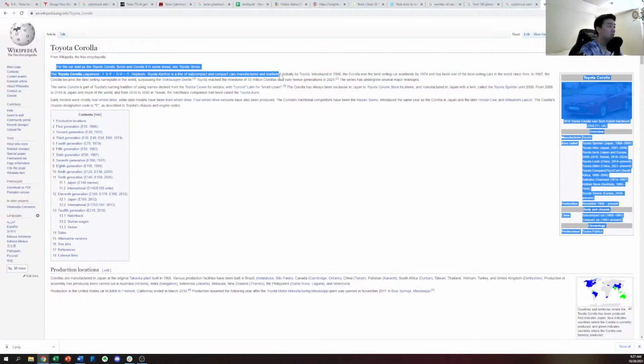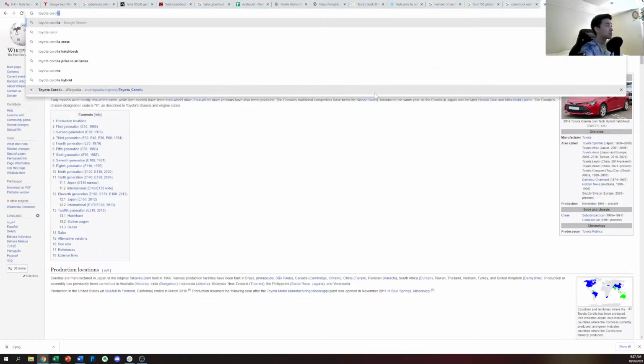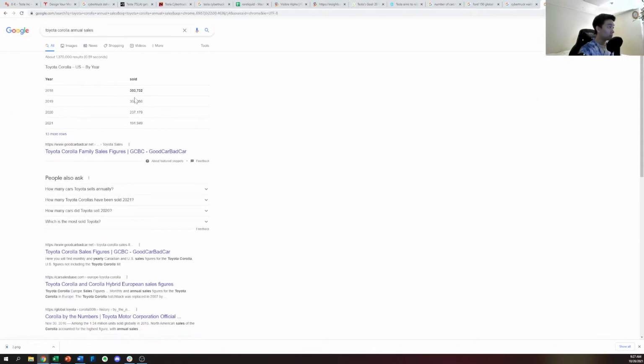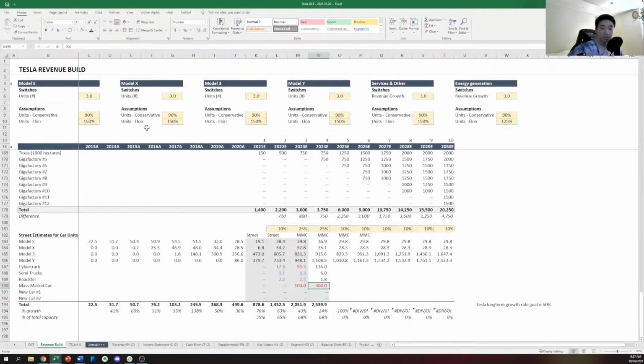That is something I was thinking about. The Toyota will be the next one. Oh, just put the US globally. All right, so Toyota Corolla, 1.1 million per year is how much the mass market car was selling.